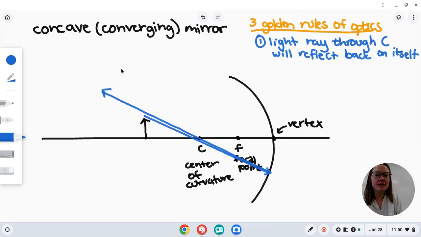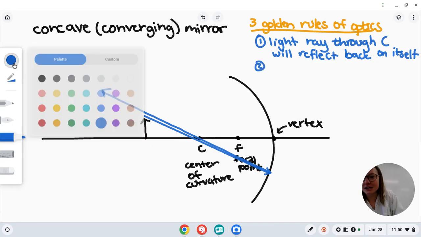Here's the second golden rule. I'm going to change my color because I can. Let's go green.